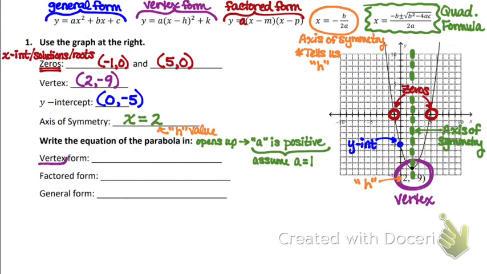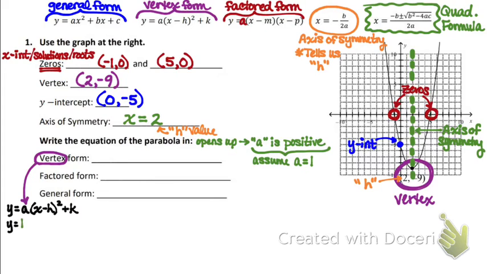Let's write our vertex form first. Vertex form for any parabola is y equals a times x minus h squared plus k. And we're going to substitute in pieces for a, h, and k. What did we just say we're going to assume A is equal to? 1.